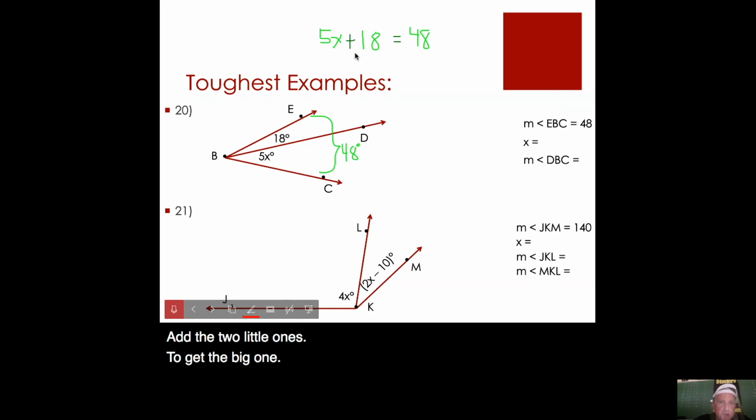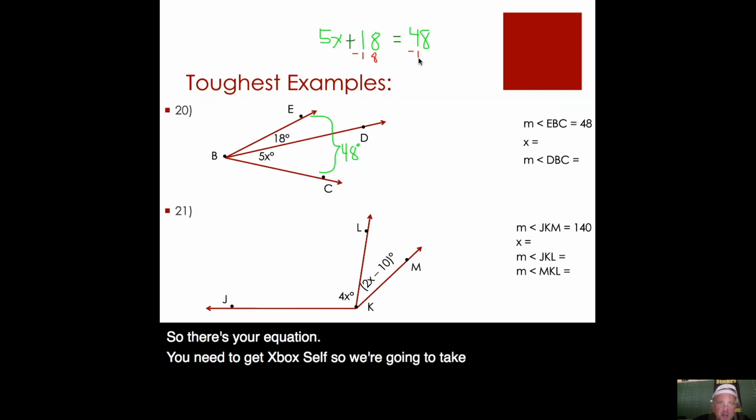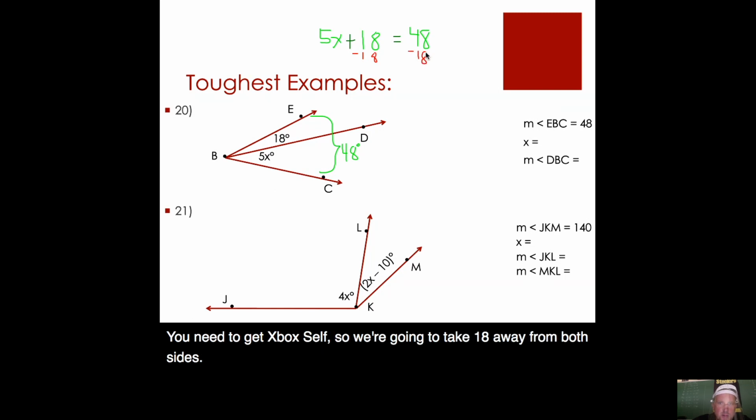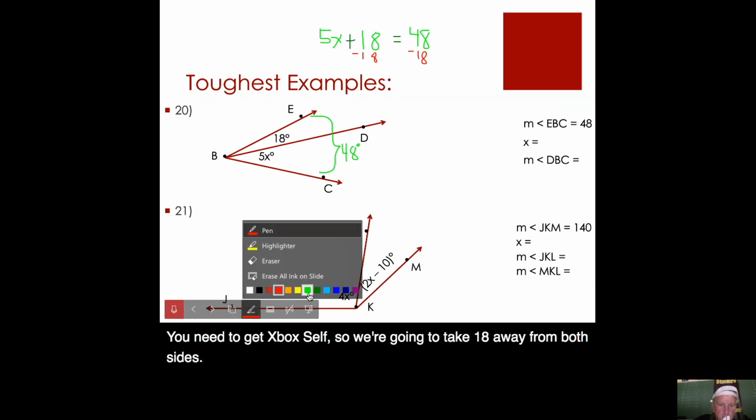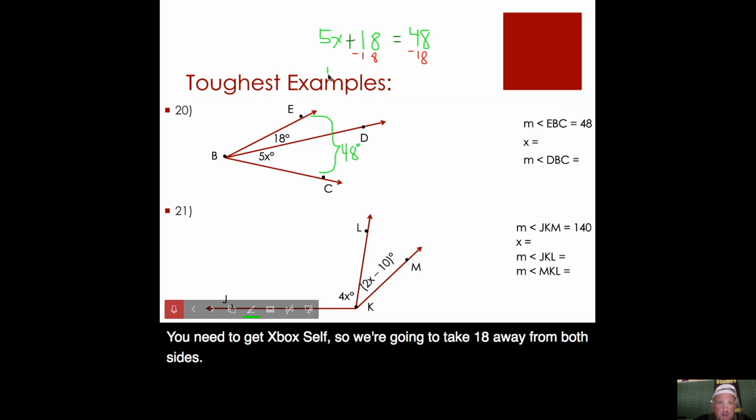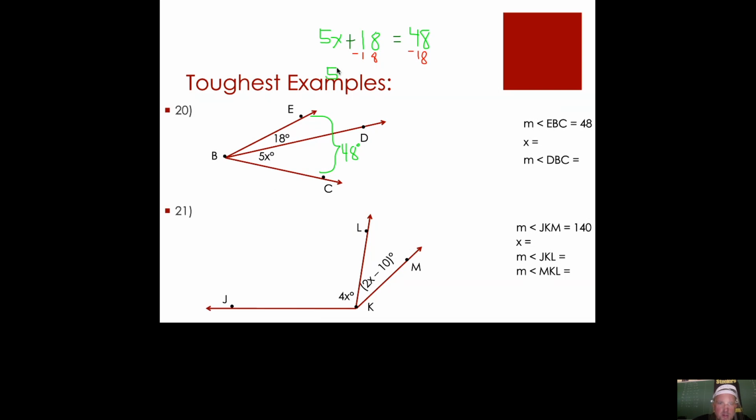So there's your equation. You need to get x by itself, so we're going to take 18 away from both sides. So we're going to get 5x equals 30.